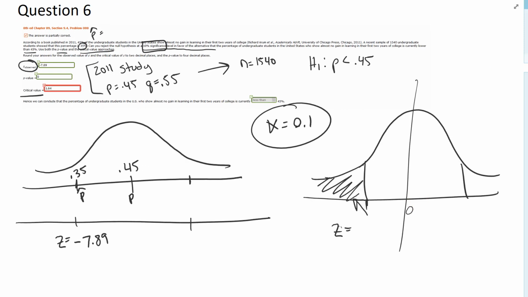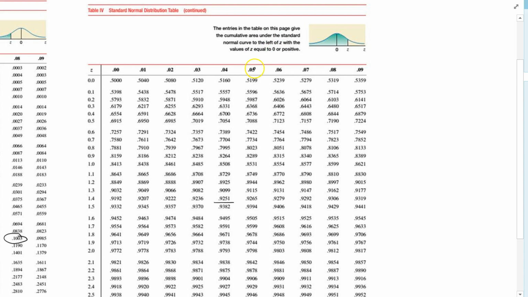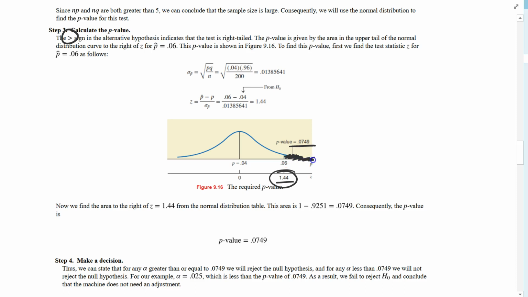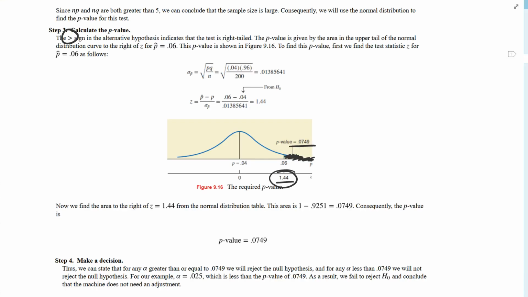If you go to the Z table and look at 1.44, you get the area as 0.9251. That's the area to the left, but we're specifically looking for the area to the right. So if you take 1 minus 0.9251, you get 0.0749. So that's your p-value.